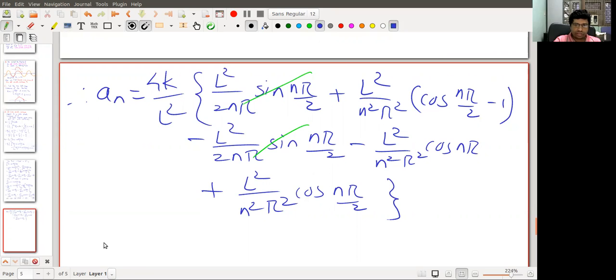So this is, okay, we can take some terms common. We can cancel L square. So we have 4k. L square gets cancelled. Divided by n square pi square.